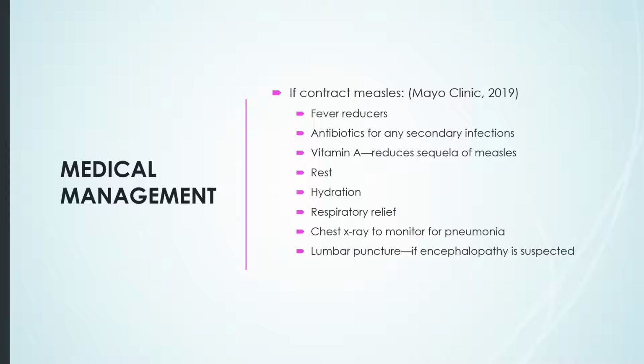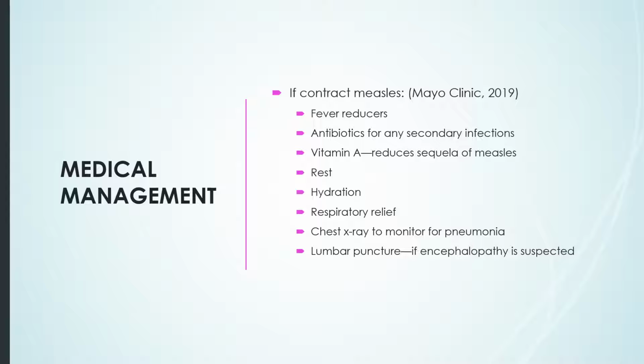So if measles is contracted, to help with the symptoms, fever reducers could help. Antibiotics for any secondary infection. Like I was saying earlier, otitis media can occur due to the compromised immune system.